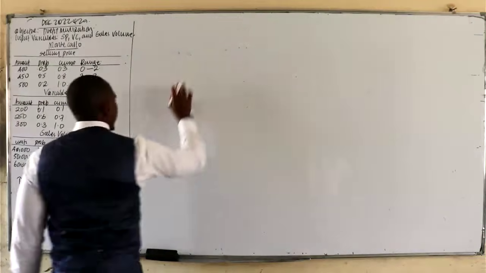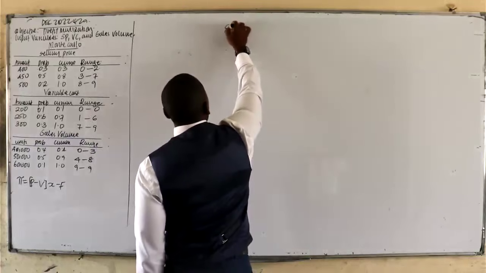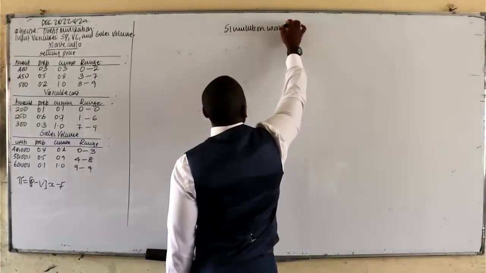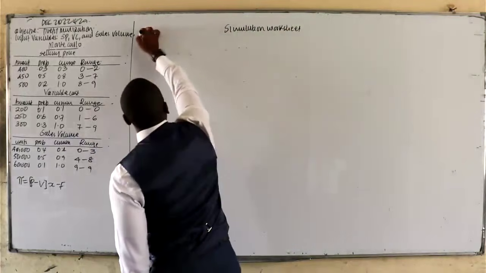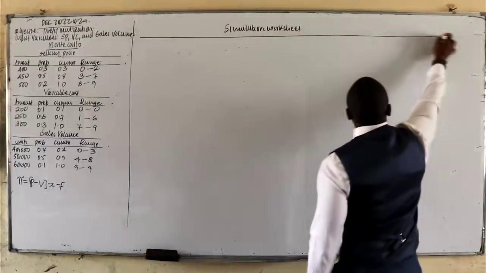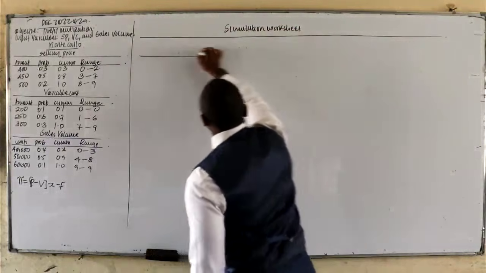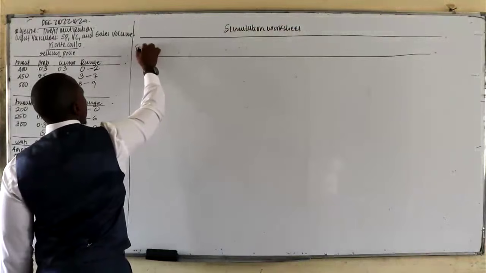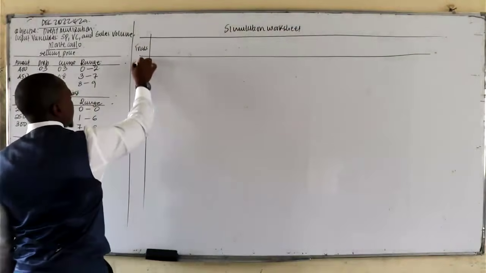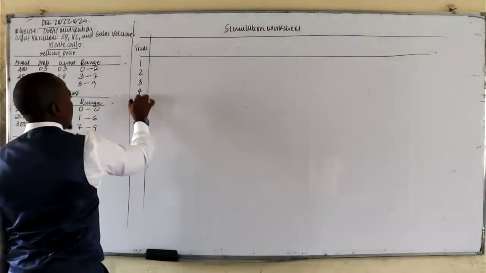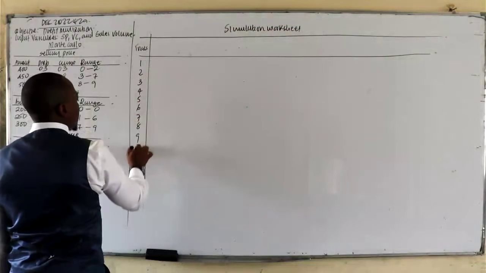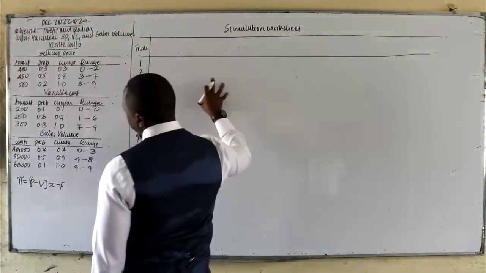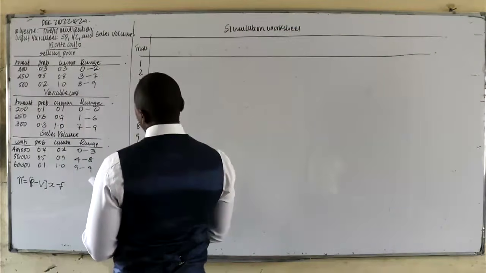So therefore, step number 5, you come up with the simulation worksheet or the simulation table. The logic of the model now will define the format of your simulation worksheet.